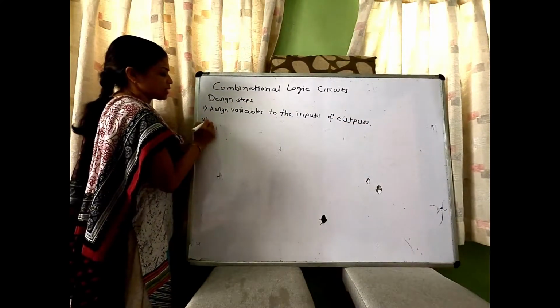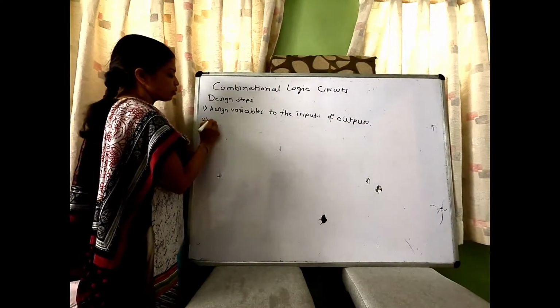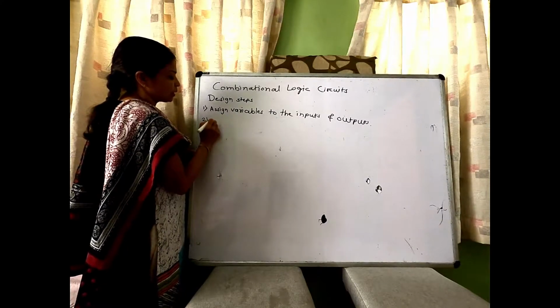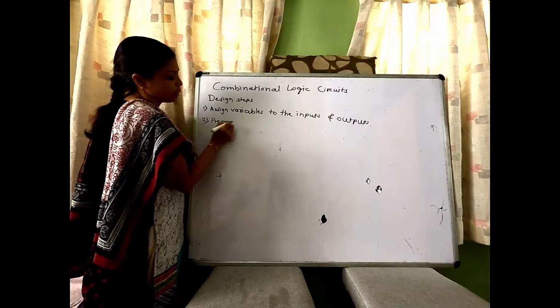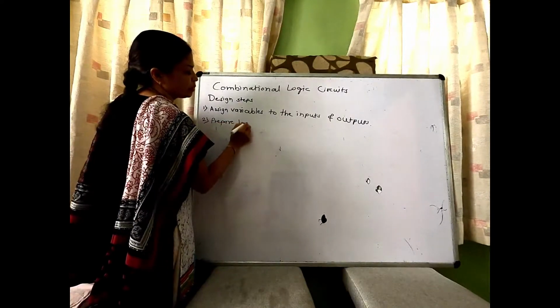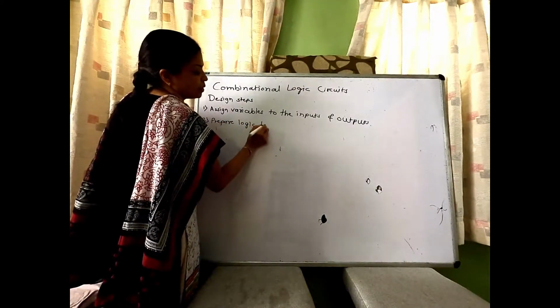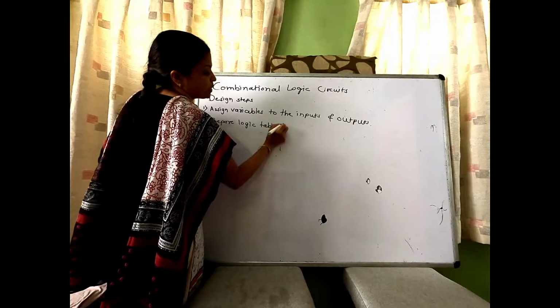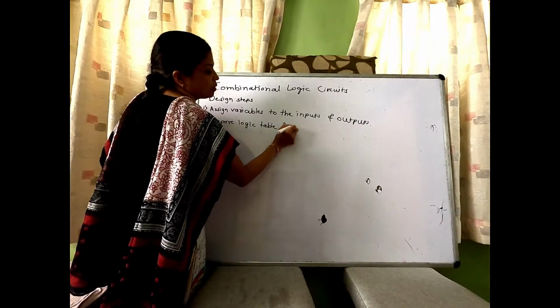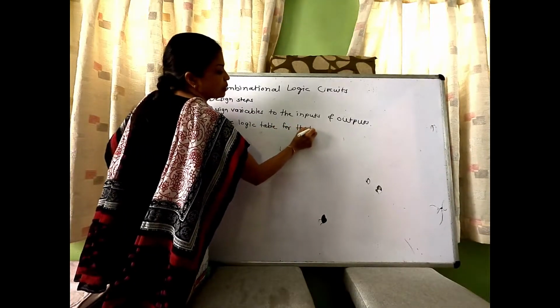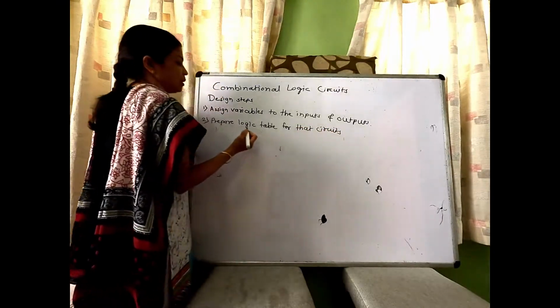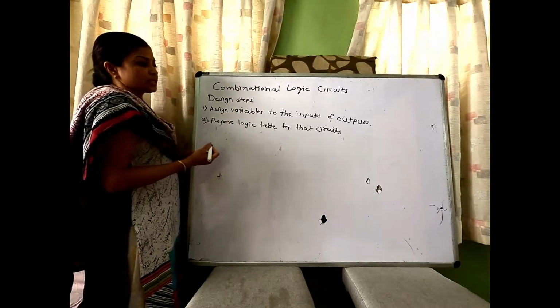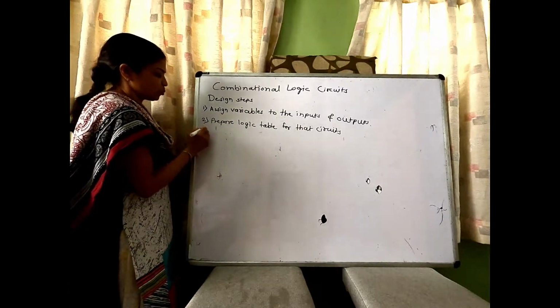In the second step, we have to prepare or write down the logic table for that circuit, using the variables assigned for inputs as well as outputs.